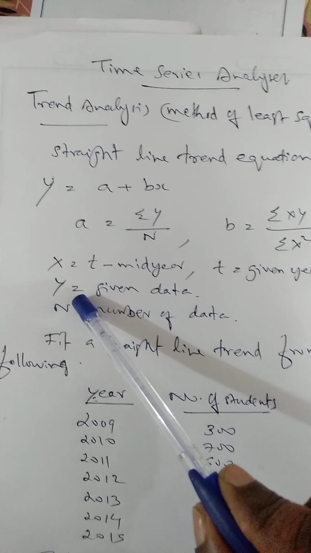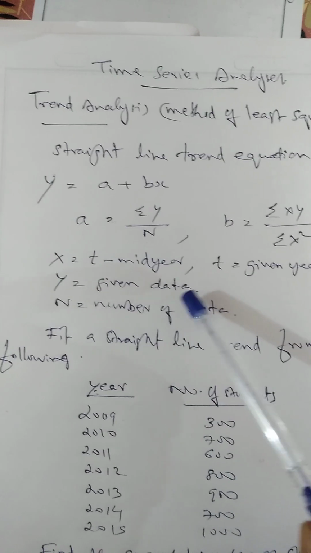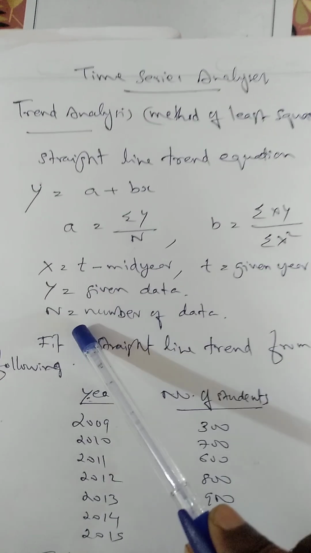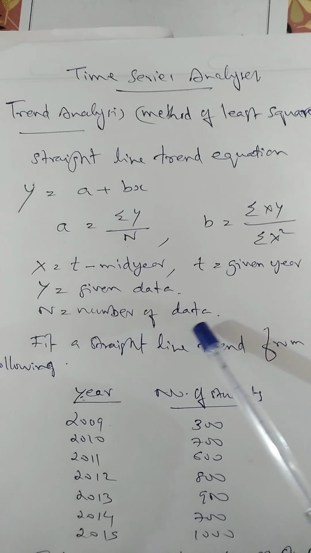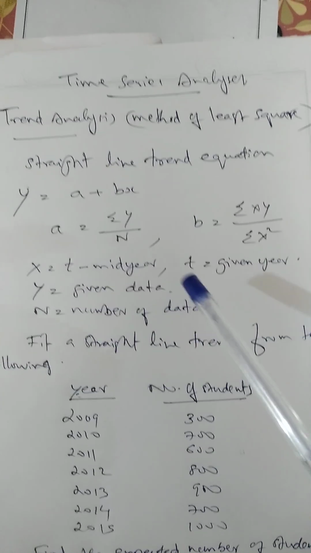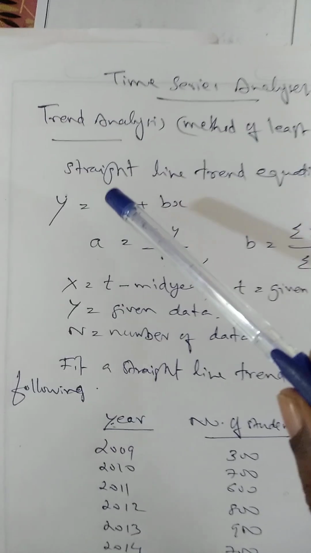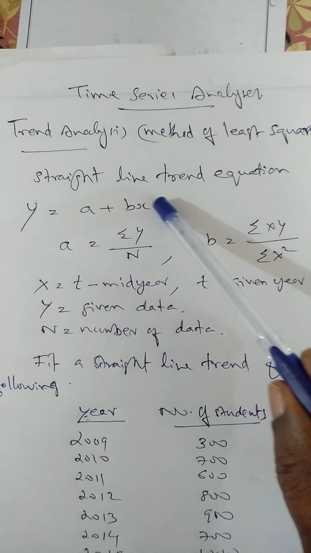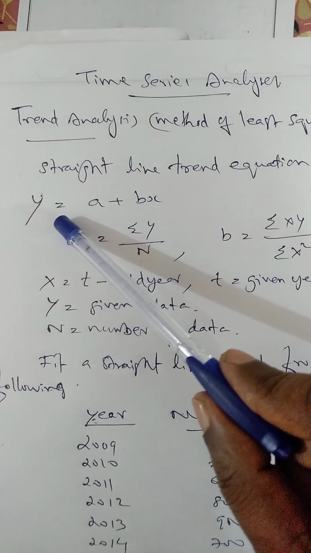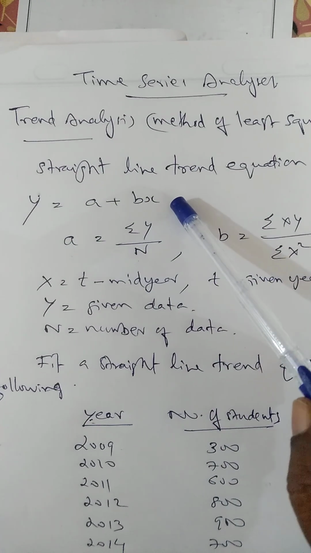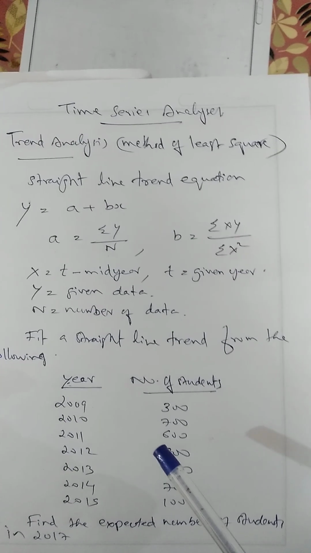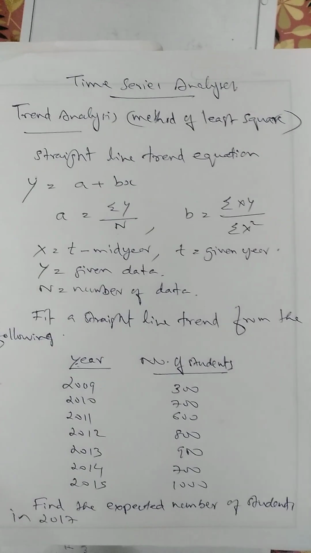And y means given data or given variables. N is equal to number of data. By finding a and b, we apply the values in this equation. Then that equation is called a straight line trend equation, which is y = a + bx. Okay, so this is the formula.